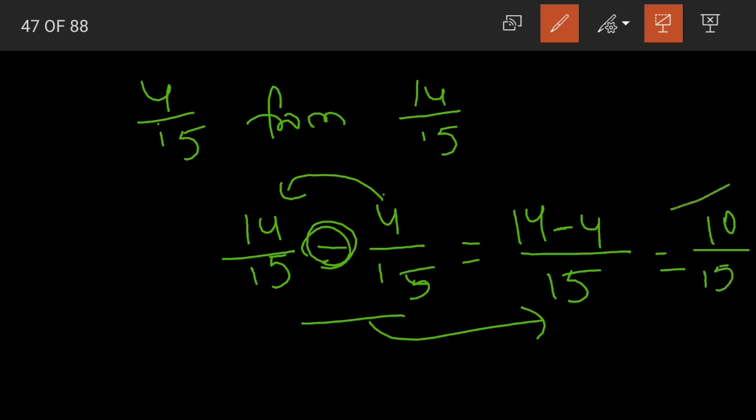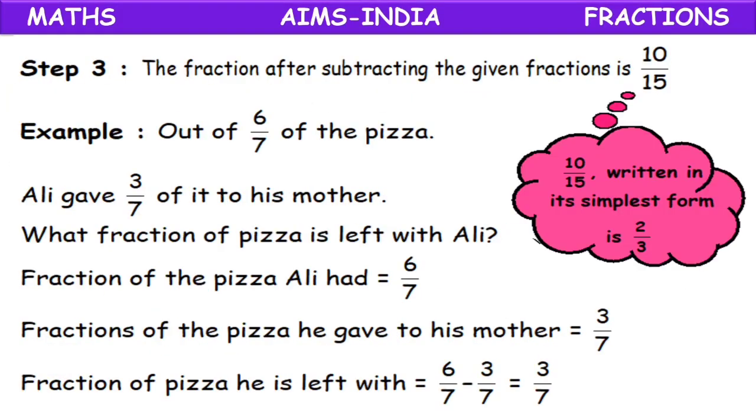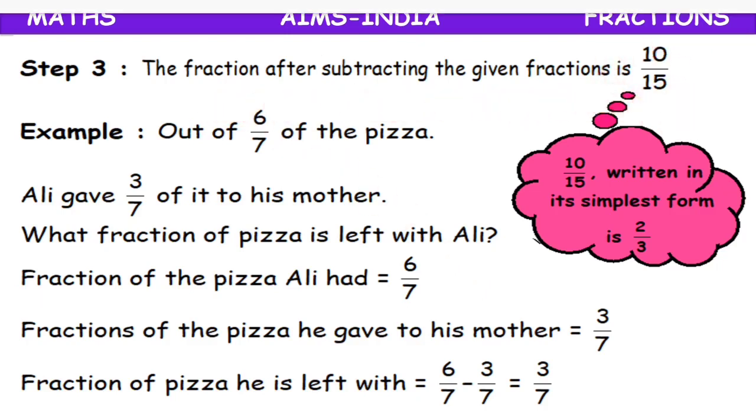Understood, children? 10 by 15 will be our subtraction, or the difference, of the given two like fractions, 4 by 15 and 14 by 15. Isn't it easy? So if you understand addition of like fractions, you can easily understand the subtraction of like fractions. Now the fraction after subtracting the given fractions is 10 by 15.